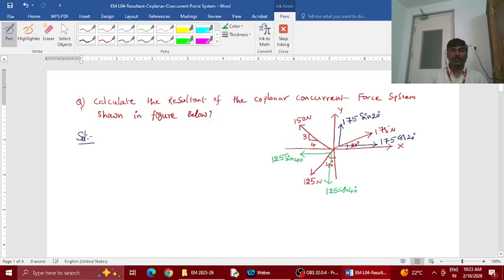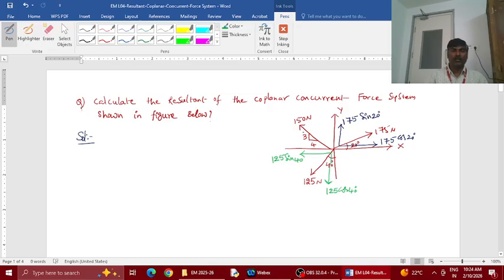If you recall the resolution of a force into components, the component towards the angle is always cos, and the component away from the angle is always sine. So these are the components.